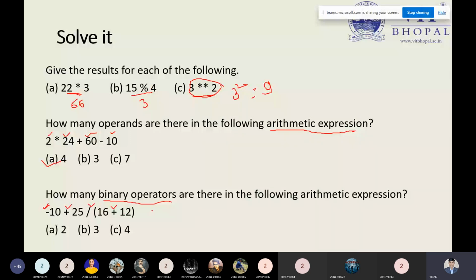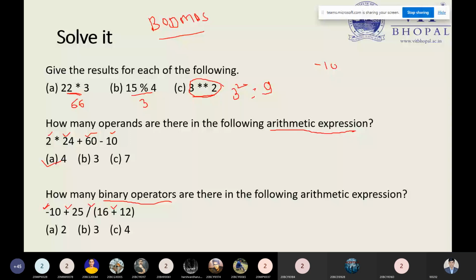Now tell me which part will be evaluated first. The bracket part. Of course, we are familiar with the very important BODMAS. Absolutely right. So step by step, if I solve this question, then you can understand.